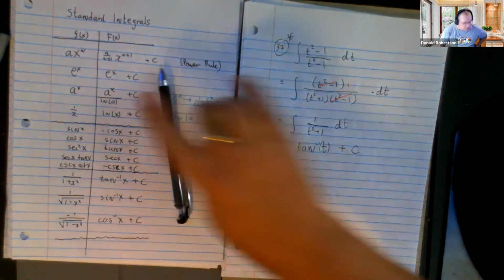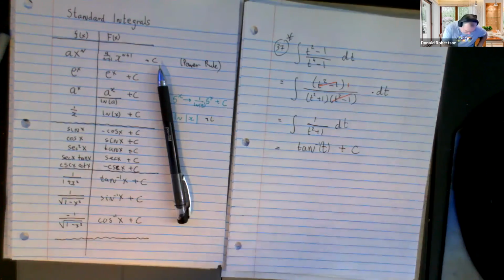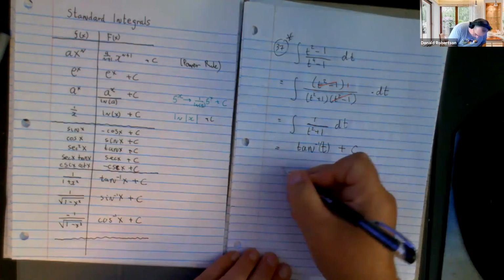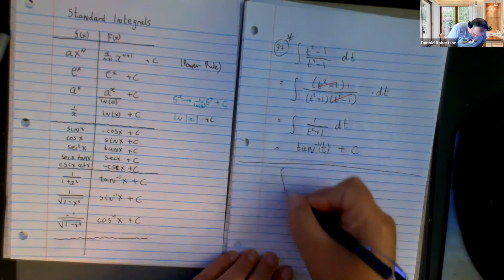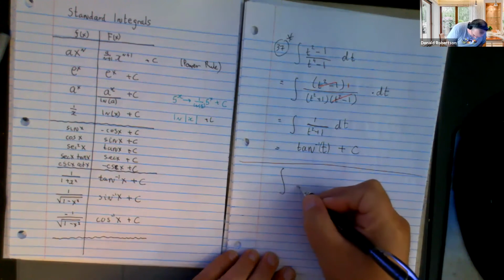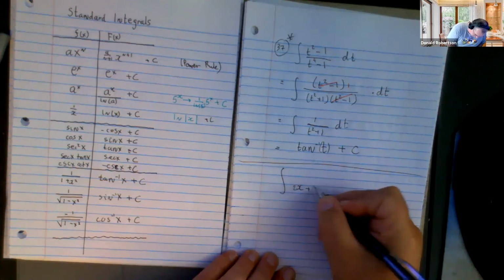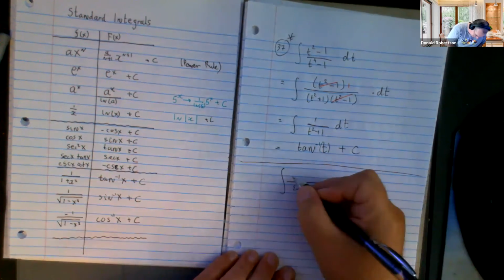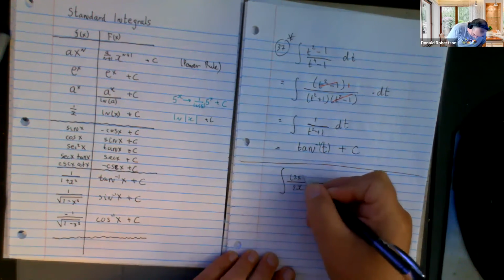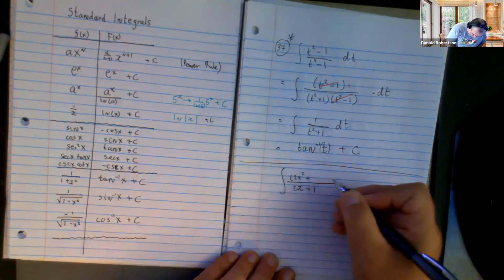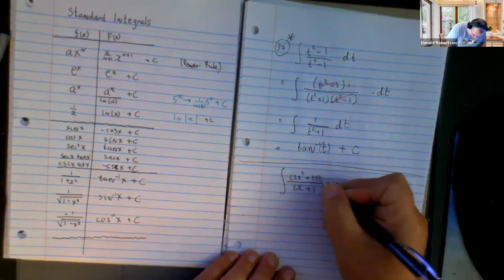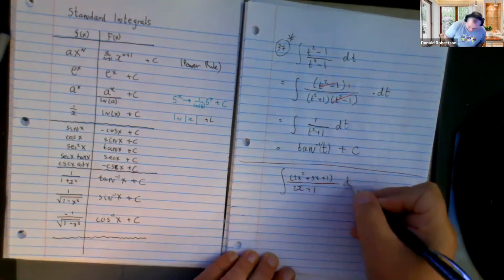Okay, then I'll make one up. How about this one as our last one of this type? How about 2x plus 1 on the bottom and 2x squared plus 3x plus 1 on the top, something like that.